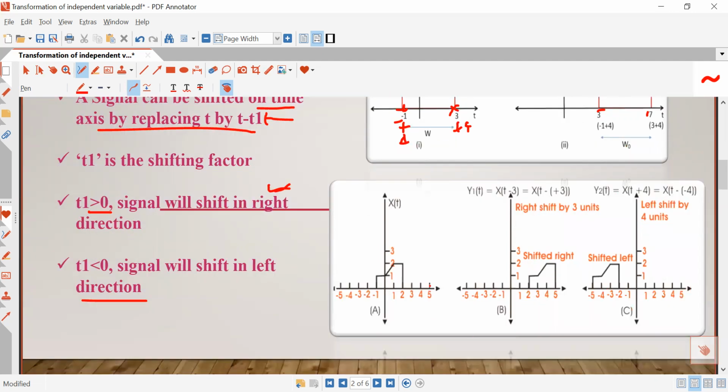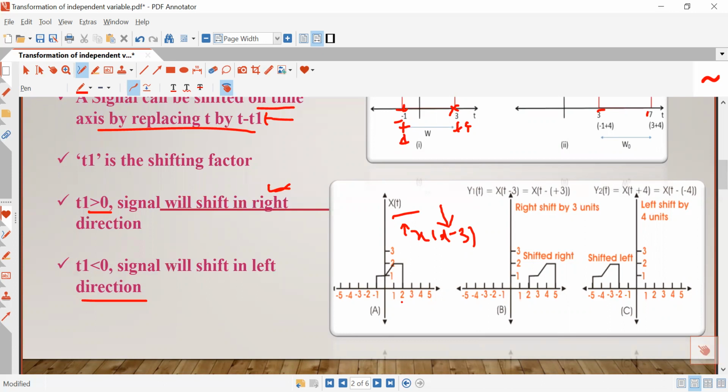Let us consider another example. This is x(t), and the question is, if this is x(t), then what will be x(t minus 3)? x(t minus 3) indicates the signal will be shifted on the time axis by 3 units, and this minus sign represents the shifting will be in the right direction.